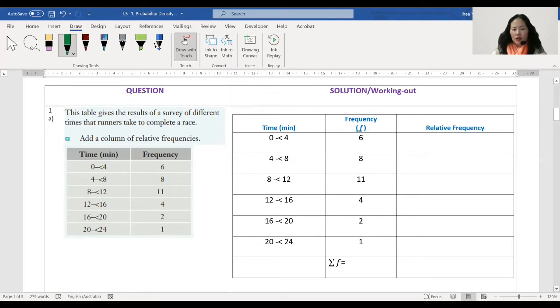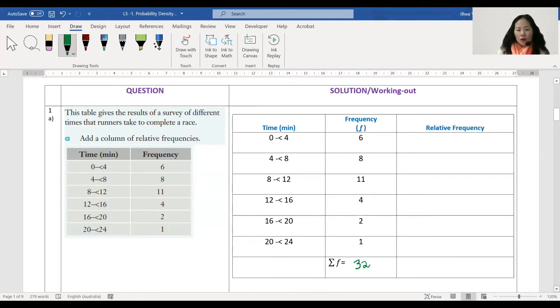So we need to find the total outcomes here, which is the total of the frequency. If I add all this up, I will get 32. So my total frequency is 32. Now I can do relative frequency, which is the probability.